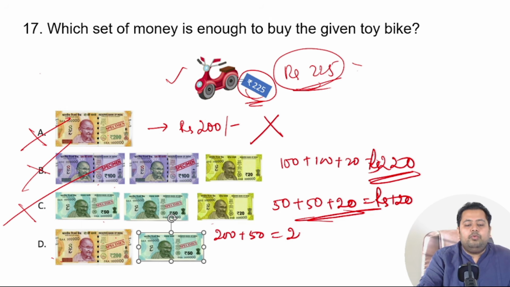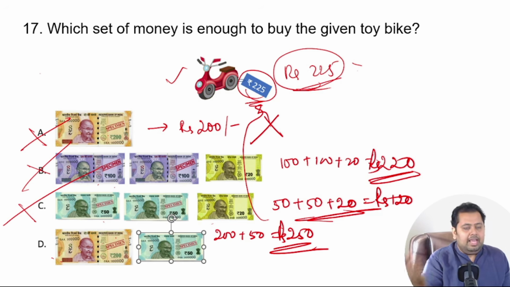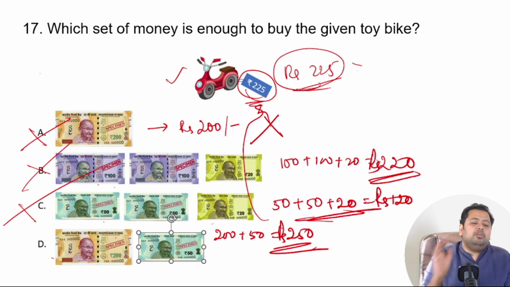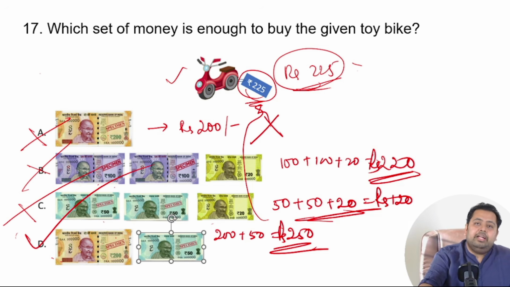If you add it, you get rupees 250. Now with rupees 250, can you buy a rupees 225 toy bike? Yes, you can, because 250 is greater than 225. So your correct answer is option number D. I hope you got it right. If you did, then give yourself a star. And we now move to the next question.